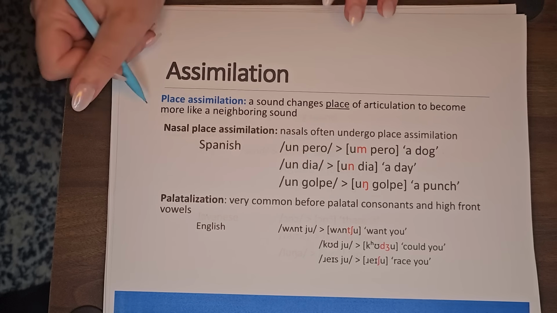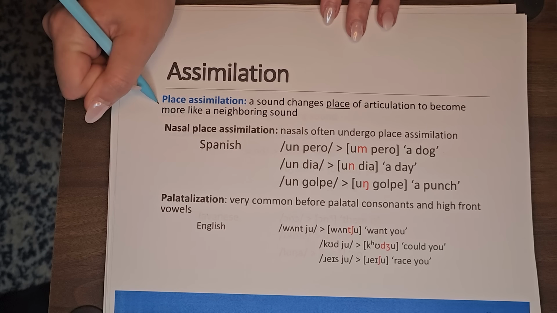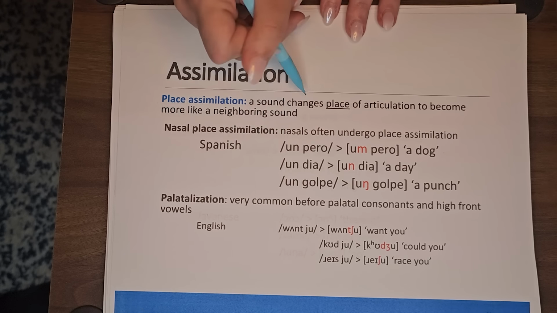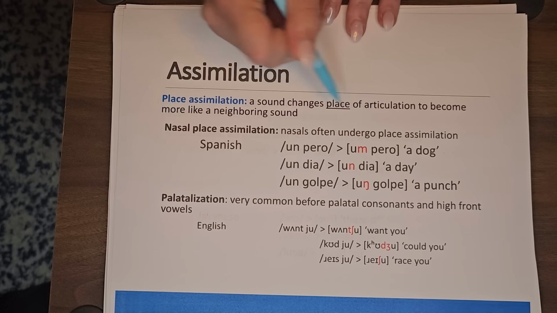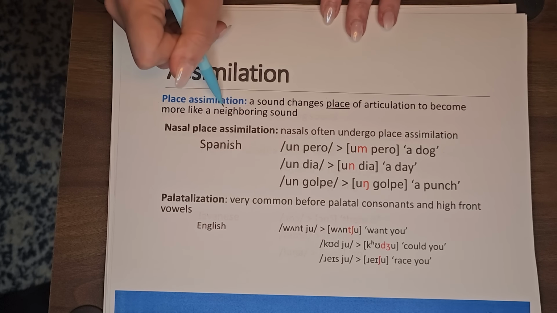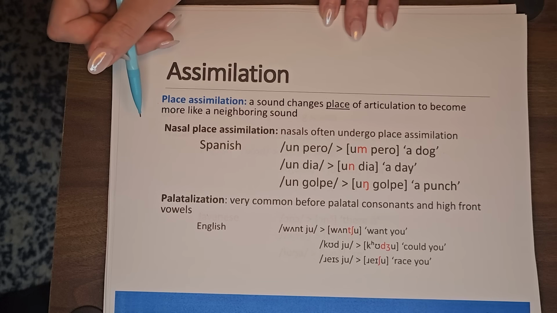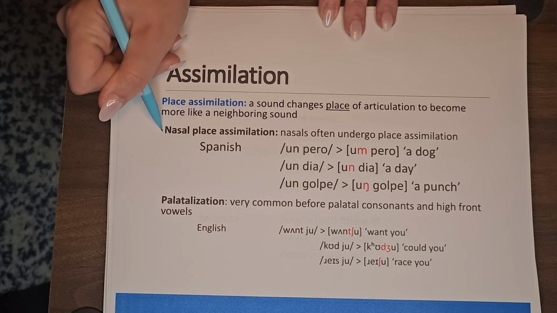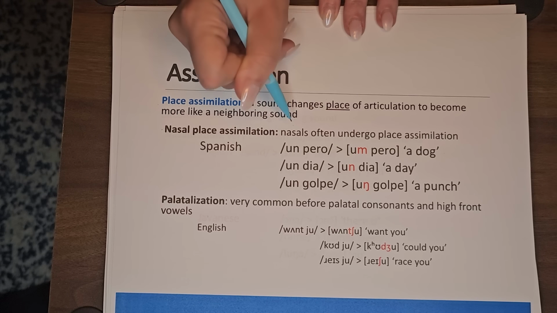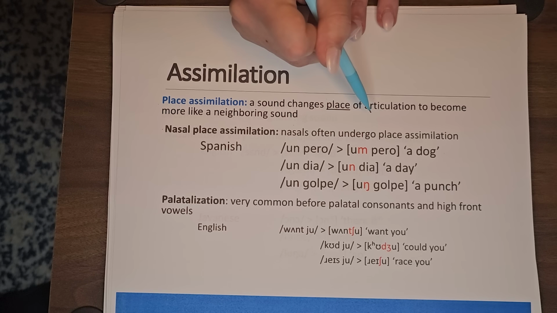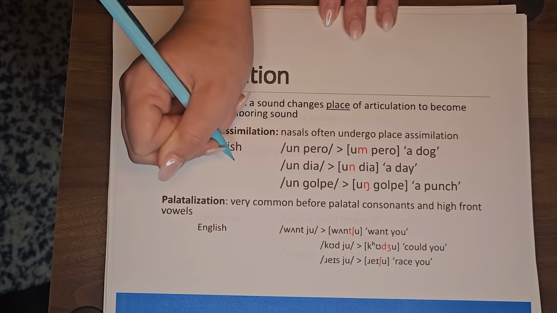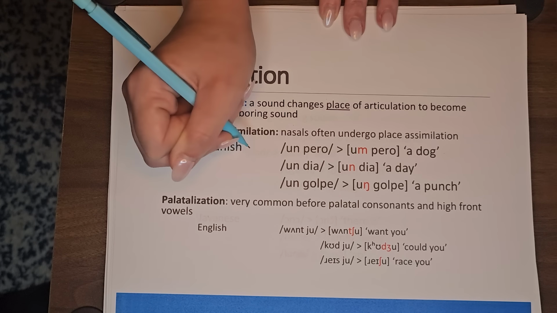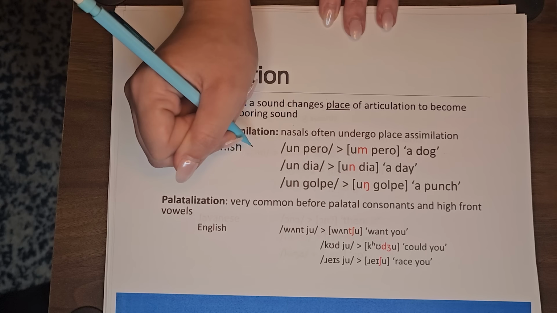We also see place assimilation. So this is where a sound's place of articulation becomes more alike to a neighboring sound. So an example is nasal place assimilation. So nasals often undergo place assimilation. This is true in Spanish, even across word boundaries. This is also true in Korean.